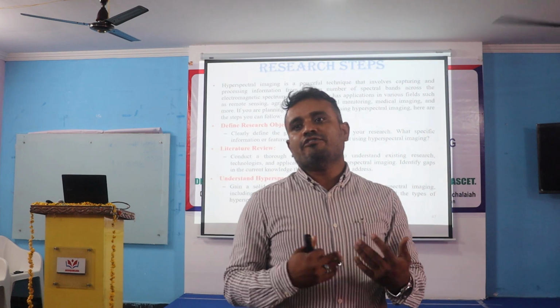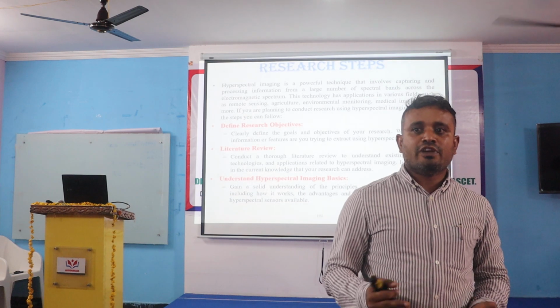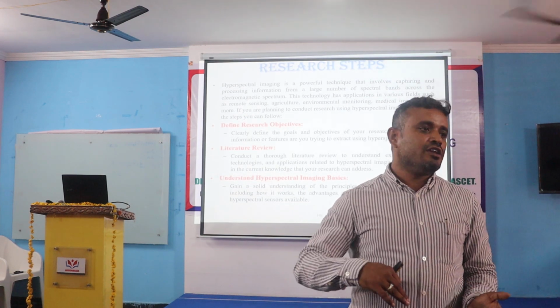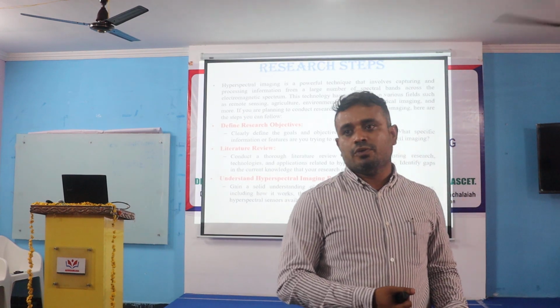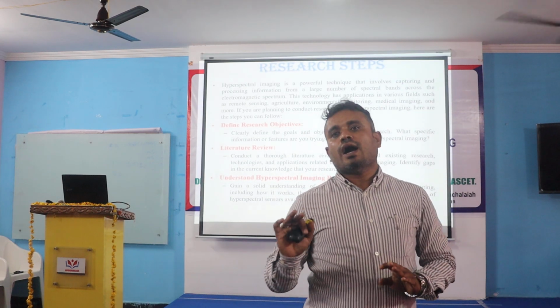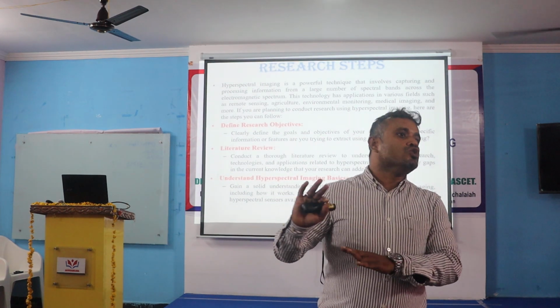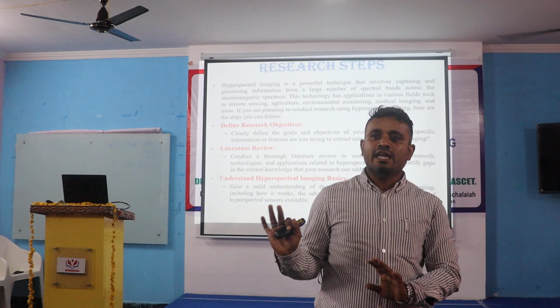For example, if a research area has achieved an accuracy of 100%, we can't go further. Why? Because whatever was there has already been achieved. So there is no scope for us to move forward. So we have to identify our research objectives in such a way that there is something left to do rather than something already done.